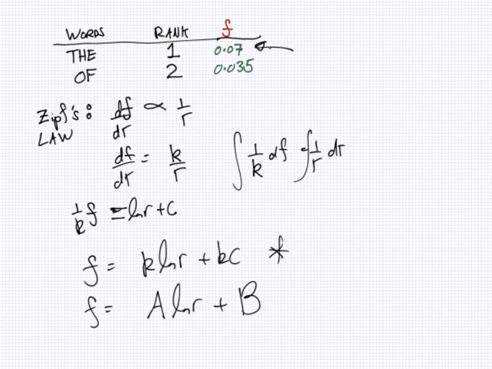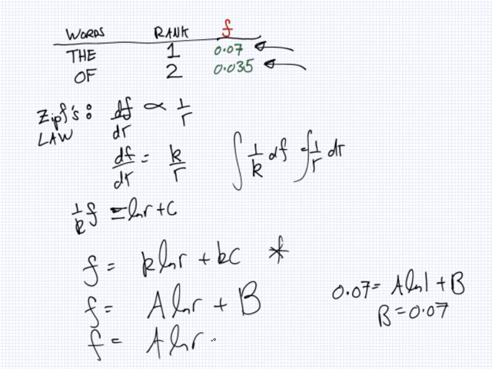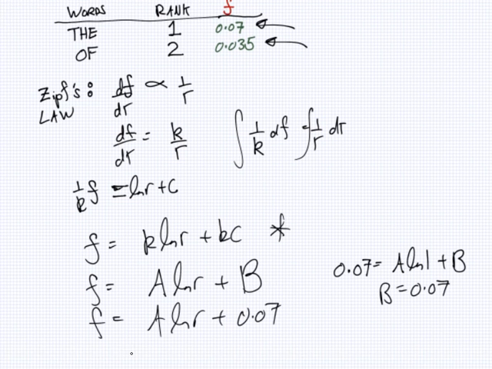Okay, so I can look at this and I can look at this. So I get f of 1 is 0.07 equals a log 1 plus b. That's great, because what does that give me? That gives me b, because log 1 is 0. So I get b equals 0.07. So now I have f equals a log r plus 0.07. Okay, so now looking at the next one, 0.035 equals a log r, which is 2, plus 0.07.